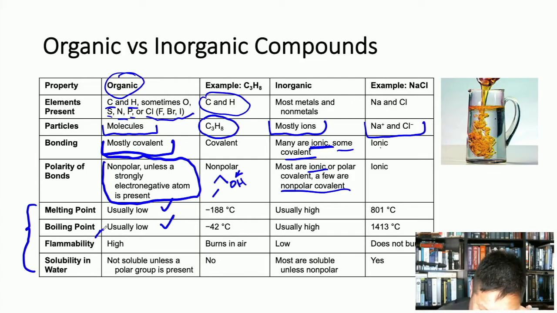So the example they have here is, again, propane, right? And its melting point is minus 188 degrees Celsius, and its boiling point is minus 42 degrees Celsius. So it's a pretty low boiling point and low melting point.